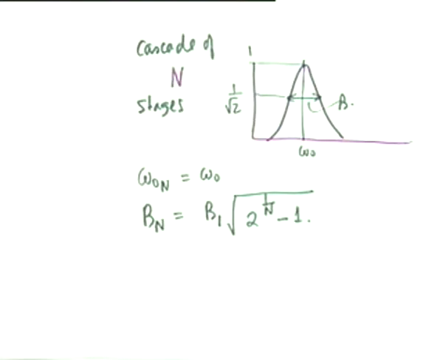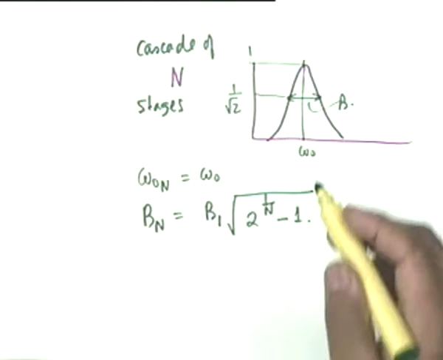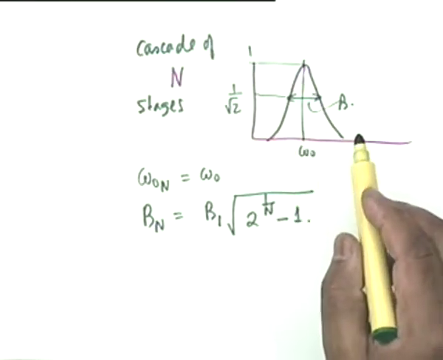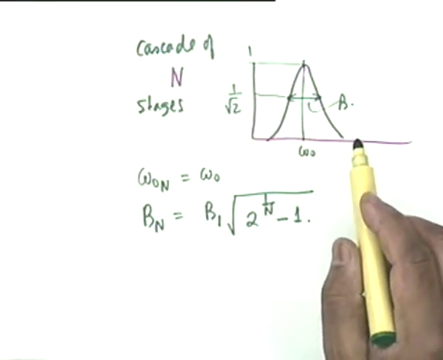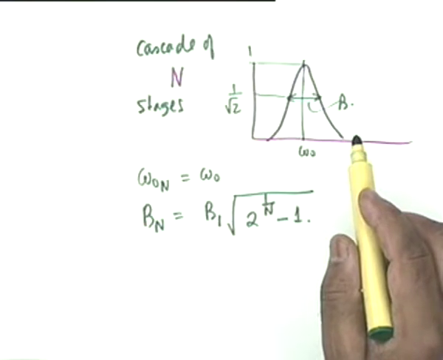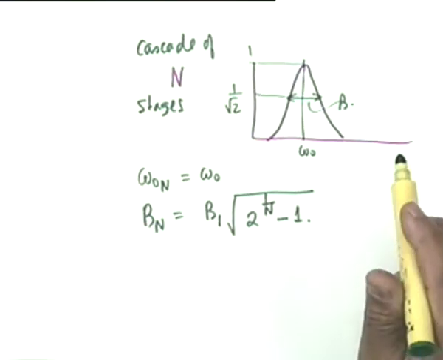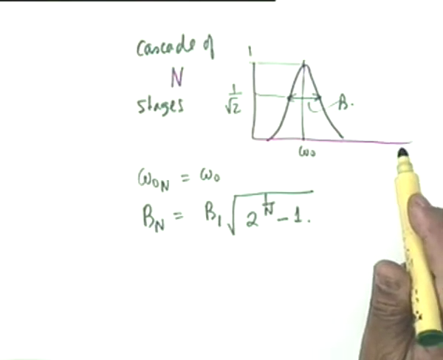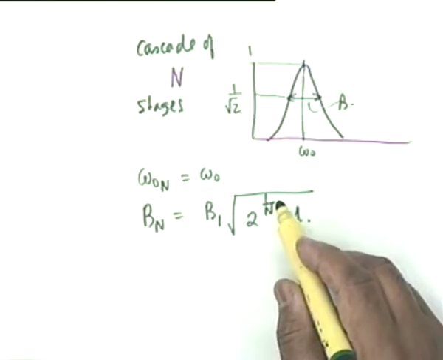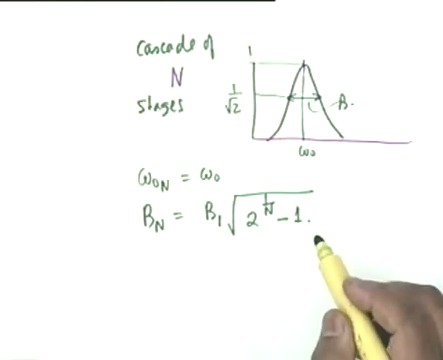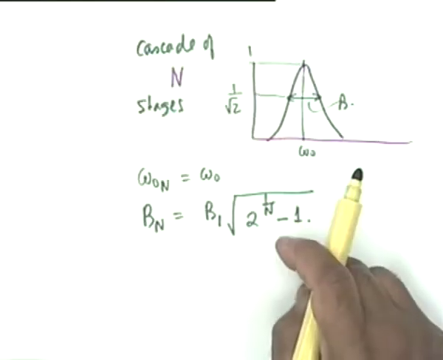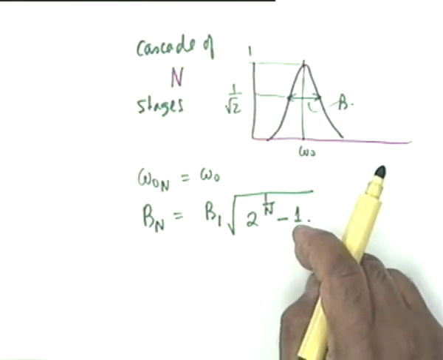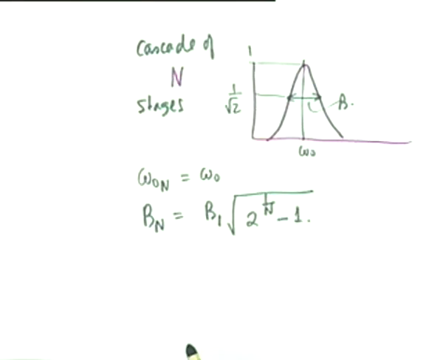I'll indicate the steps in the derivation a little later, but let me give a name to such a cascade. The bandwidth is decreasing. 2 to the power 1 by n: if you have n equal to 1, it is 1. If you have n equal to 2, it's the square root of 2 minus 1, which is 0.41 square root, which is 0.6. So this is the shrinkage factor.